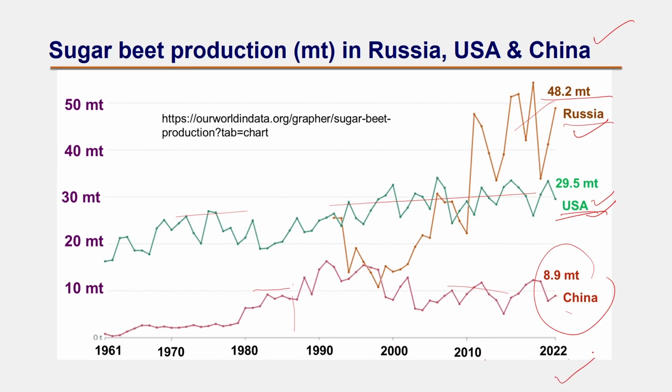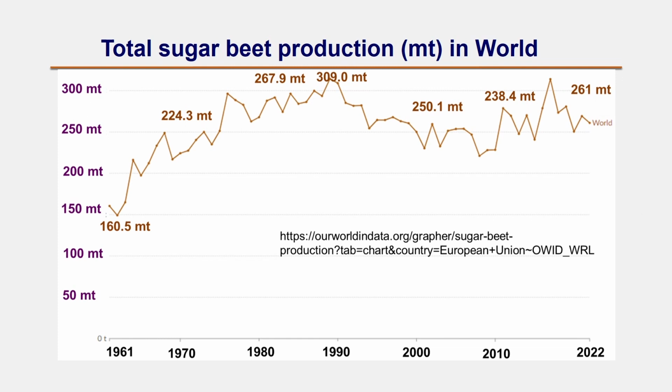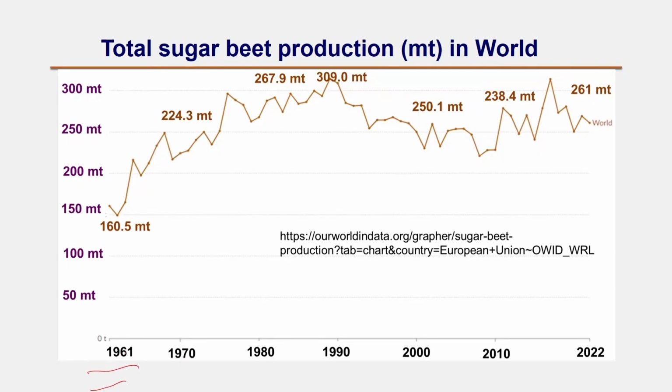tons of sugar beet. Now total sugar beet production in the world, for all the countries, how much sugar beet is produced. So we can see in 1961 the total production was 160.5 million tons, which increased to 224 million tons in 1970, and in 1990 the highest production was there, which was 309 million tons in the world, and then it started falling.